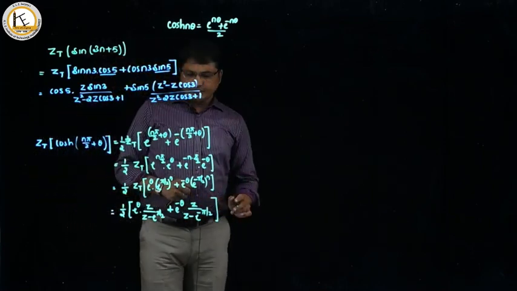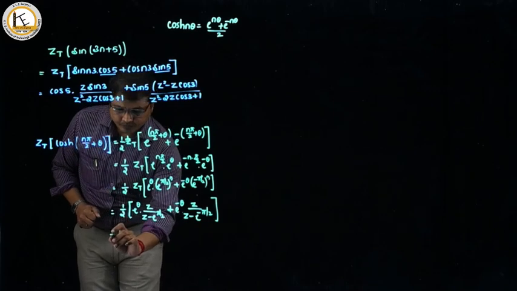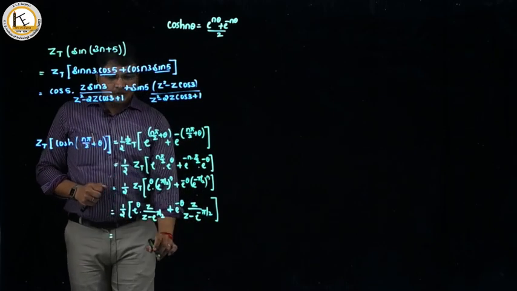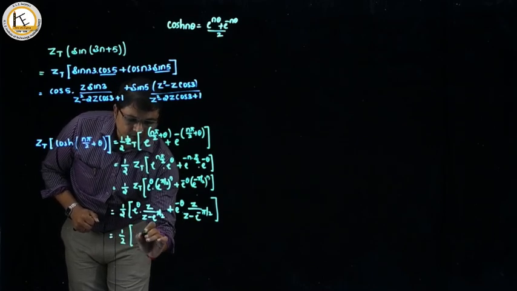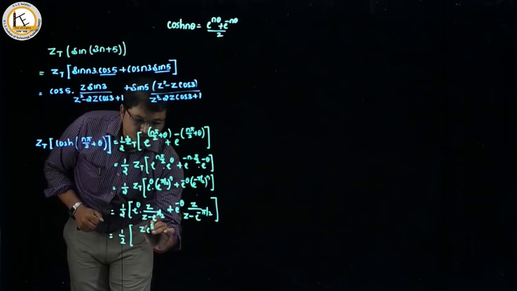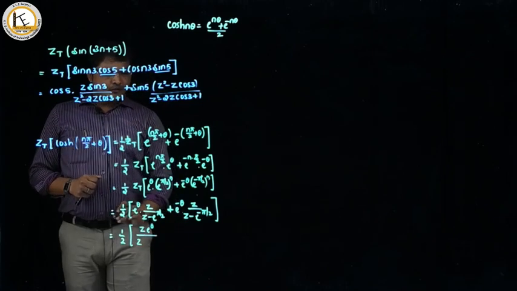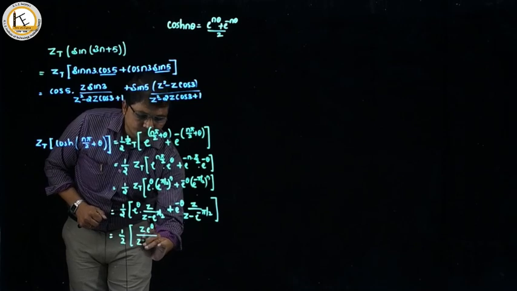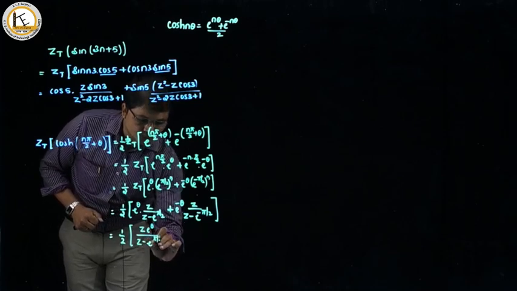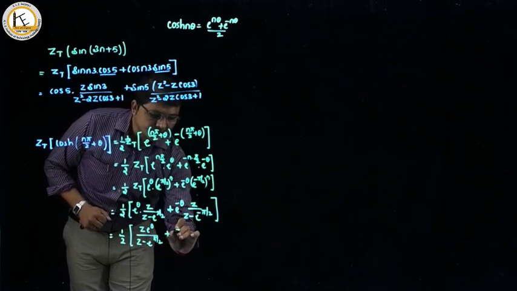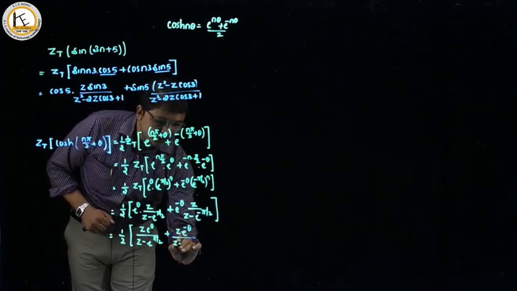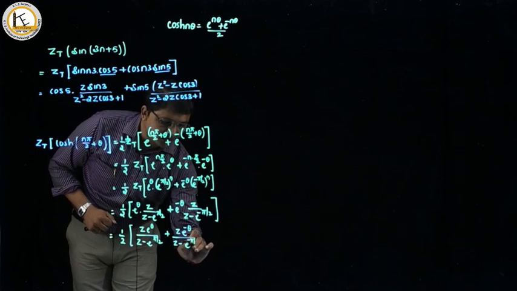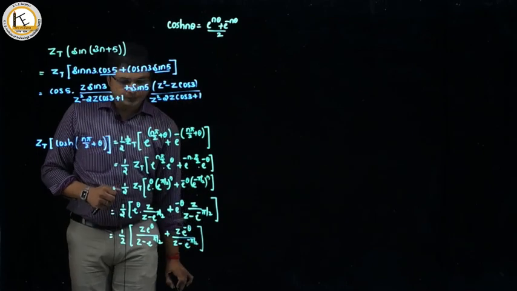So simplifying it further, we have 1 by 2 as it is into bracket z into e raised to iθ divided by z minus e raised to iθ plus z into e raised to minus iθ divided by z minus e raised to minus iθ.